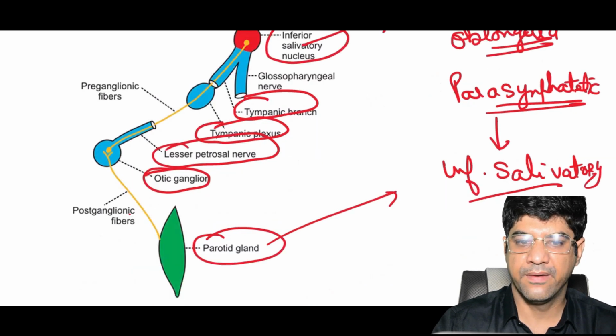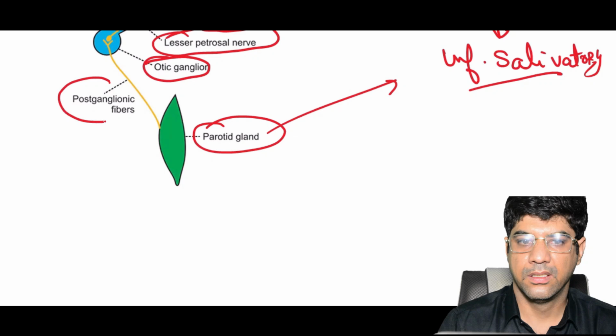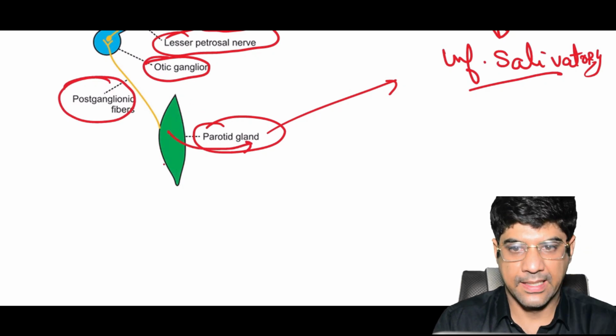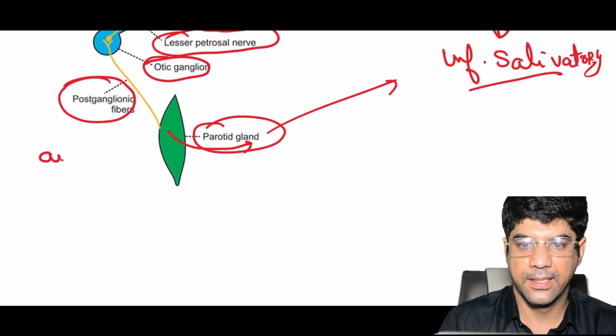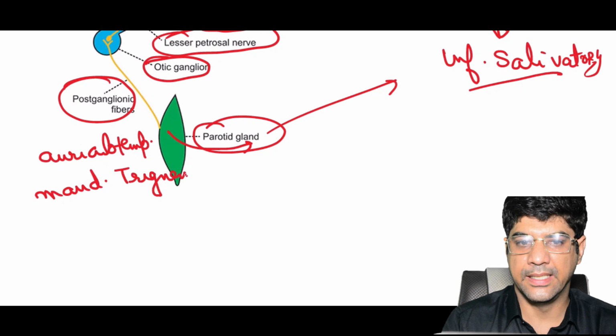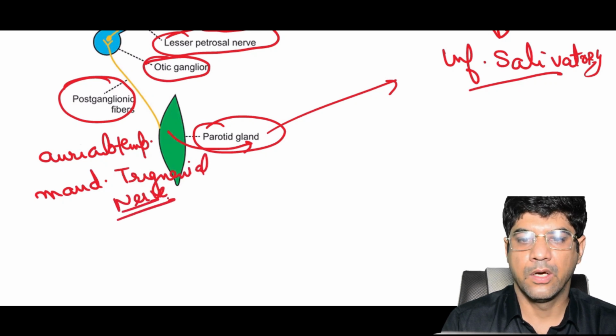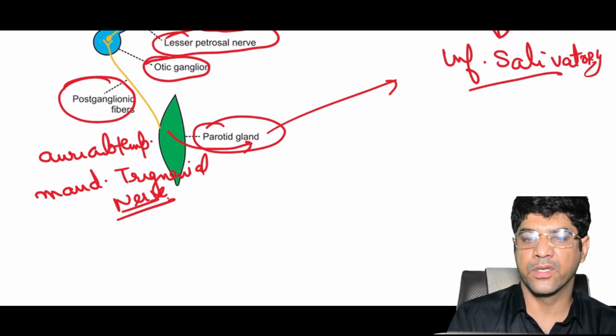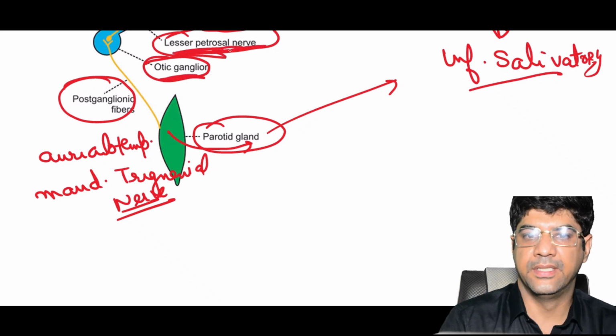The postganglionic fibers then supply the parotid gland via the auriculotemporal branch of the mandibular division of the trigeminal nerve. Now, through which nerve do parasympathetic fibers reach the otic ganglion for the parotid gland? It's the lesser petrosal nerve.